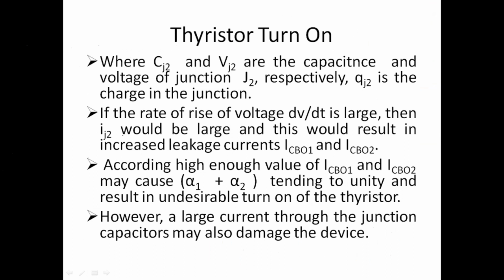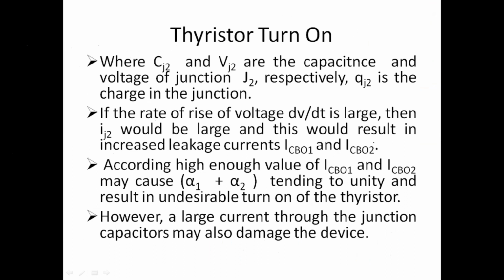See here, CJ2 and VJ2 are the capacitance and voltage of junction J2, and QJ2 is the charge in the junction. If the rate of rise of voltage dV by dt is large, then IJ2 would be large.